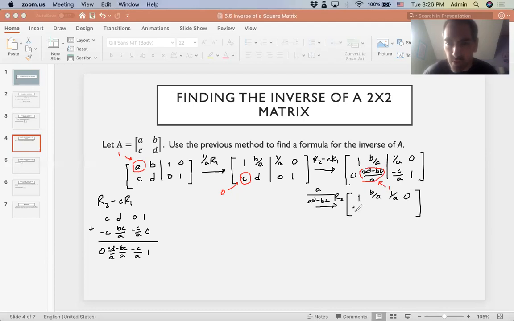For row 2, that's still 0, now 1 here. And I'm multiplying A over AD minus BC times the negative C over A. When we multiply, those A's are going to cancel out. So we're left with a negative C over AD minus BC. And then 0 times that, and 1 times A over AD minus BC.